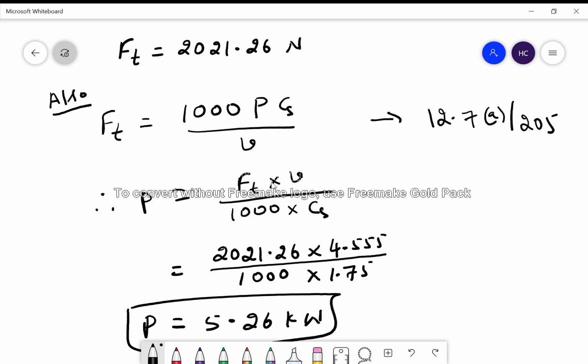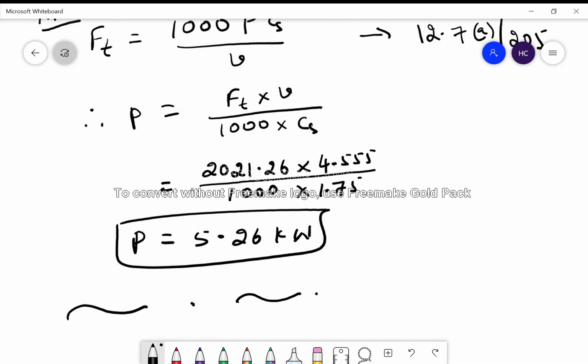Therefore power is equal to Ft into V by 1000 into Cs, 2021.26 into V, velocity 4.555, divided by 1000 into Cs 1.75, gives us P is equal to 5.26 kilowatt. Is the rated power required. Thank you.